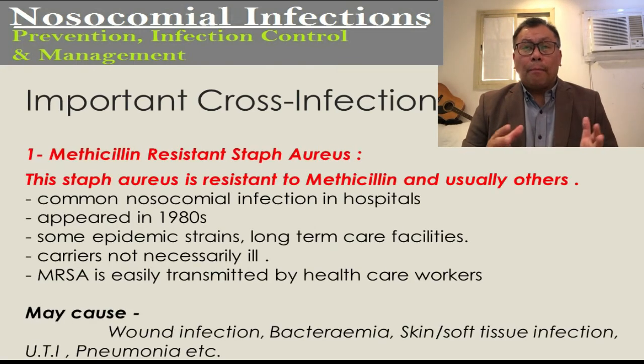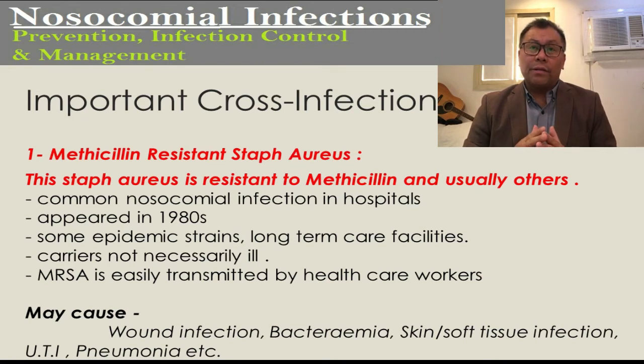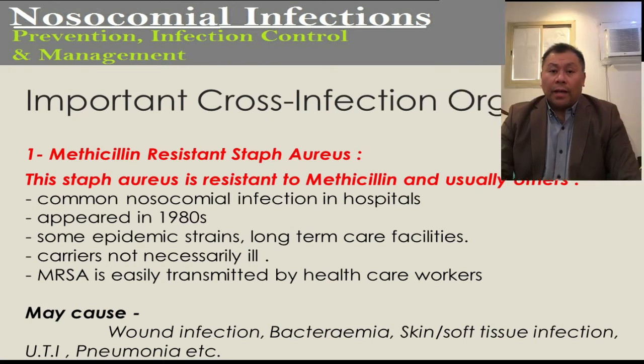And what is the importance of cross-infection organisms? We have the MRSA, the methicillin-resistant Staph aureus, and the VRE, the important cross-infection organisms. Number one is the MRSA.